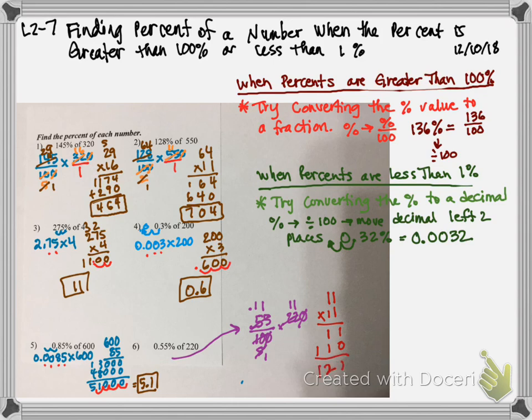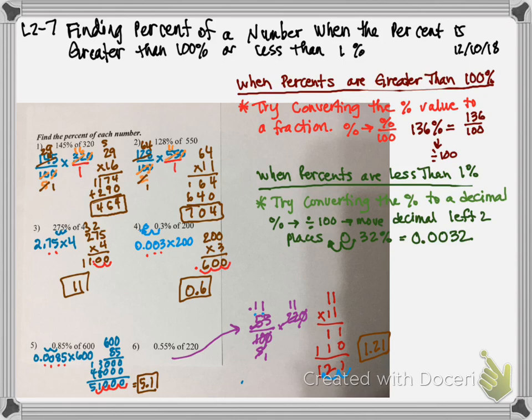There's 121. And then what I need to do is figure out how many digits come after the decimal point, and I see 2. So my answer is also going to get 2 digits after the decimal point. And my final answer is going to be 1 21/100. So that's a different way that you can solve the problem.